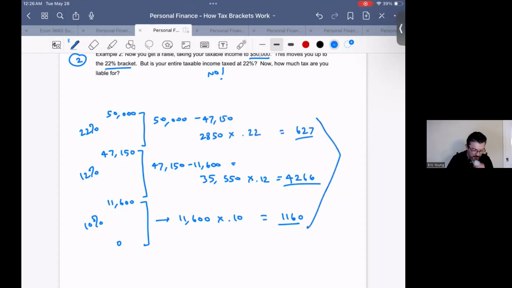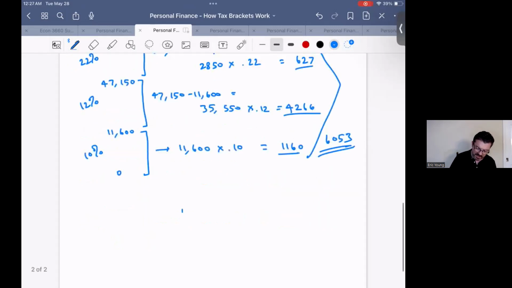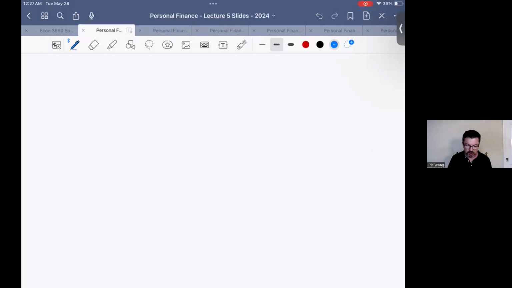You add all those up, your overall tax liability is going to be 6,053. But again, your effective tax rate is only going to be 6,053 divided by 50,000, or 12.11%. So that, my friends, is how the marginal tax bracket works.